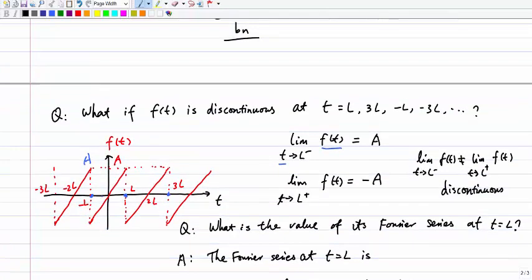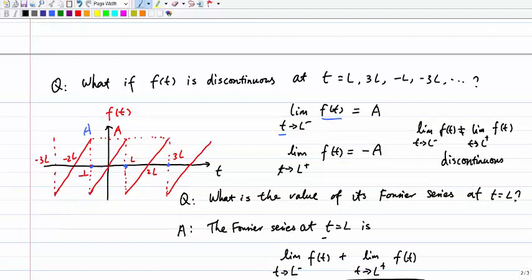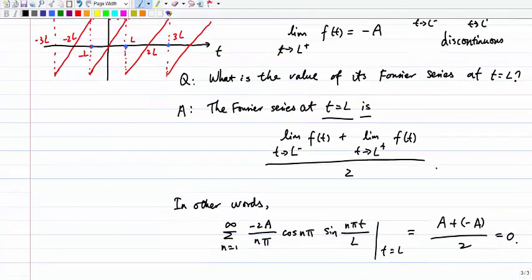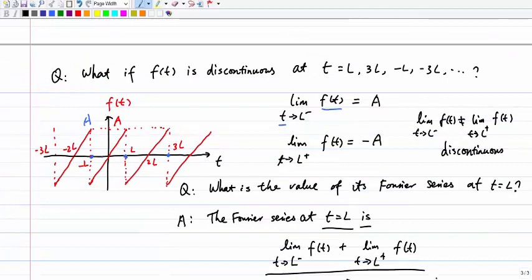We want to figure out the actual value of its Fourier series at this point, because at this point it's not well defined. The answer is that the Fourier series at a discontinuous point is equal to the average of the limit from the left hand side and the limit from the right hand side, divided by 2. In this case, L is discontinuous.